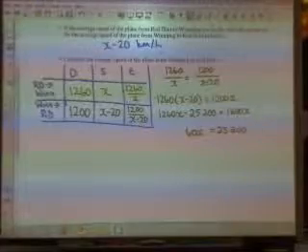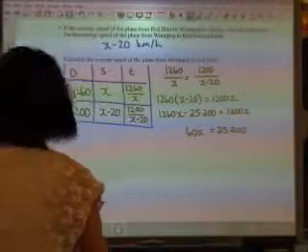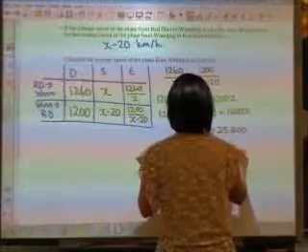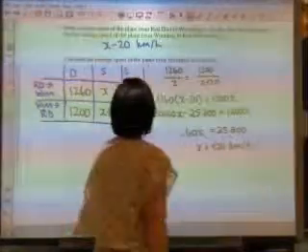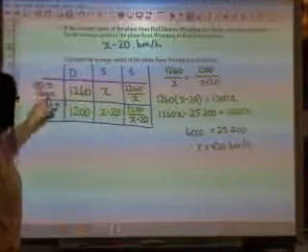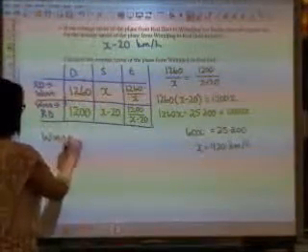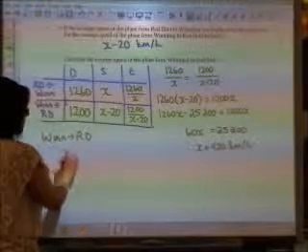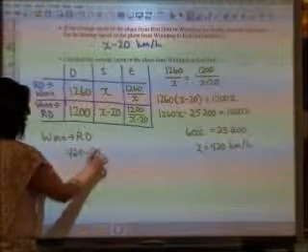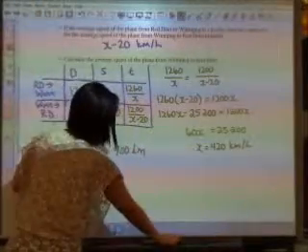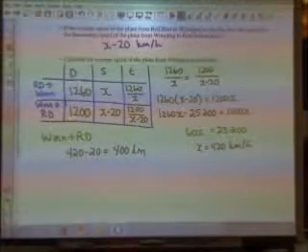Divide both sides by 60, and x equals 420. So that's the speed from Red Deer to Winnipeg. So the speed from Winnipeg to Red Deer would be 420 minus 20, which would be 400 kilometers per hour.